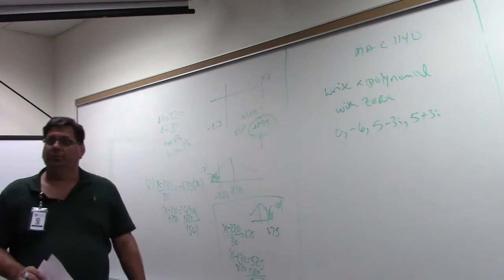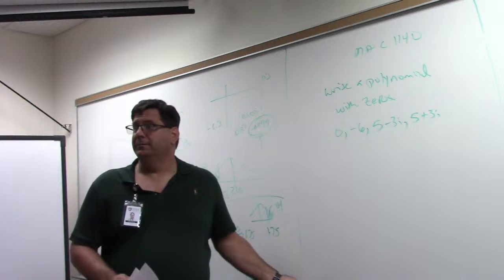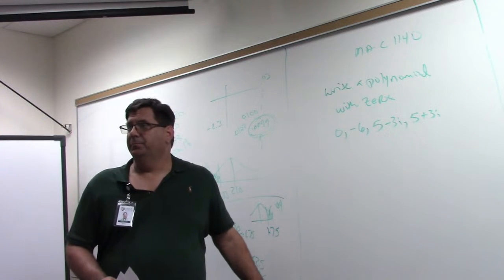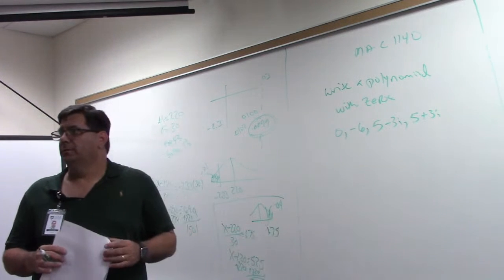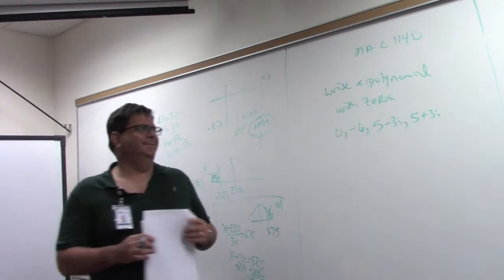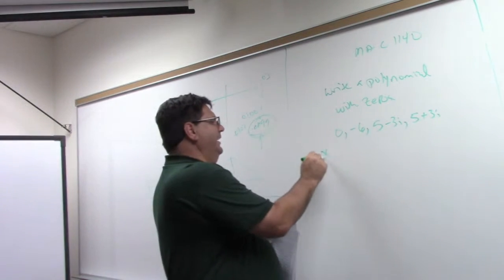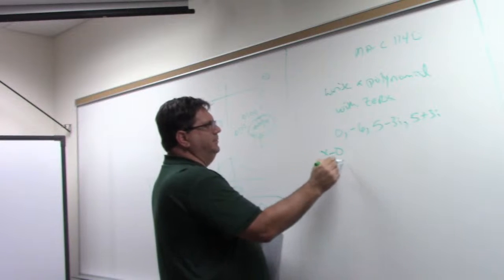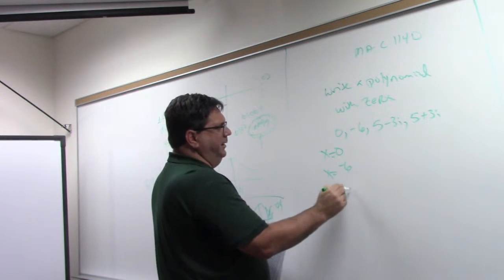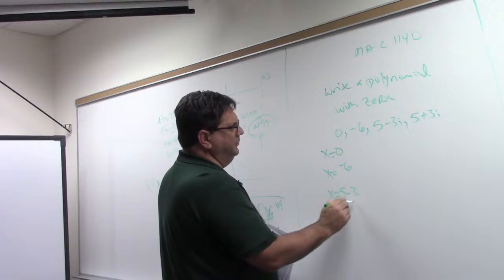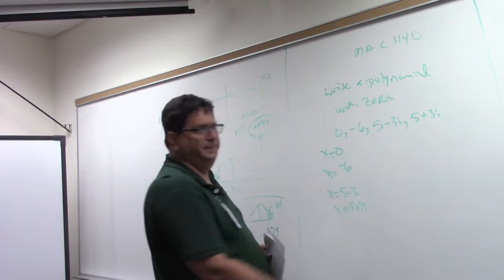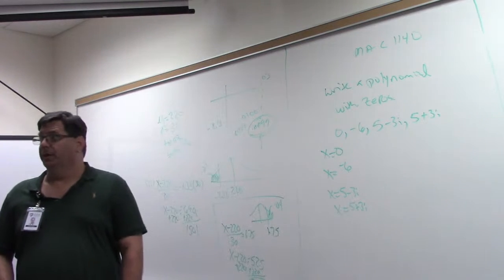Pre-calc. Y'all ready? X equals 0, X equals negative 6, X equals 5 minus 3i, X equals 5 plus 3i. Do we agree? Those are your 4 zeros, yes?